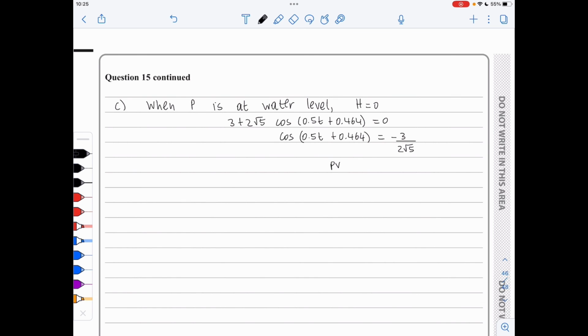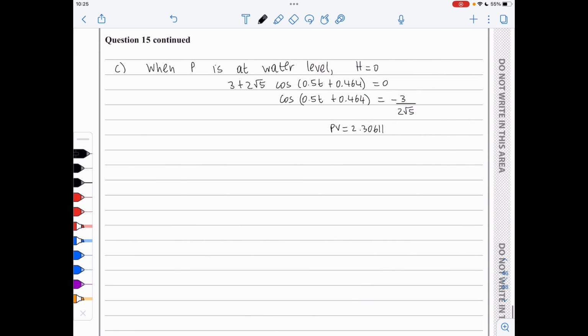This gives a principal value of 2.30611, which means that 0.5t plus 0.464 is plus minus 2.30611 plus 2 pi k.